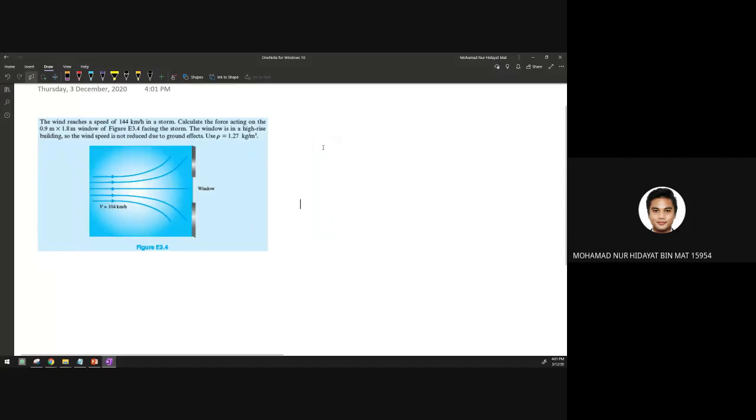So the question given: the wind reaches a speed of 144 km per hour in a storm. Calculate the force acting on the window given the dimension in the figure below facing the storm. The window is in the high-rise building, so the wind speed is not reduced due to the ground effect. Given here the density of air 1.27 kg per meter cube.